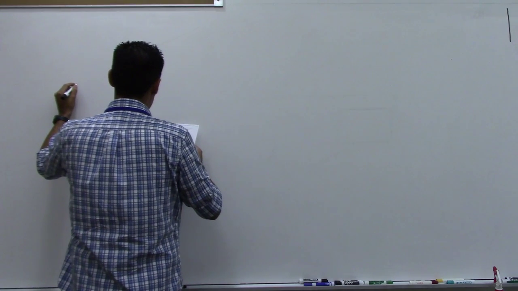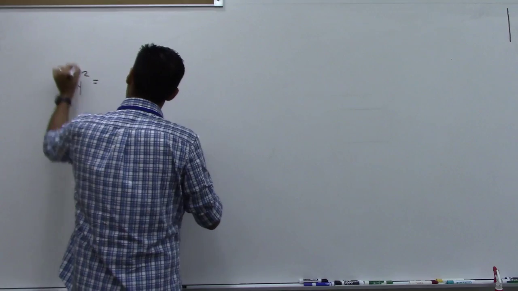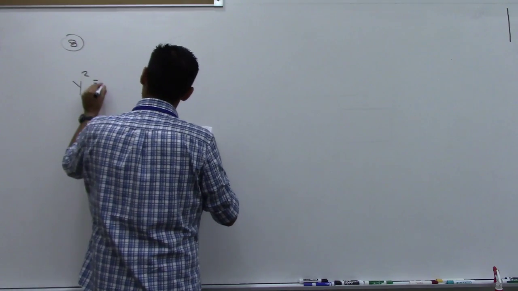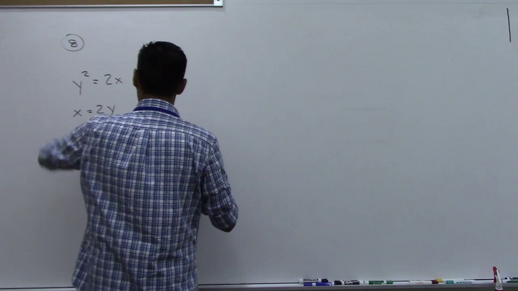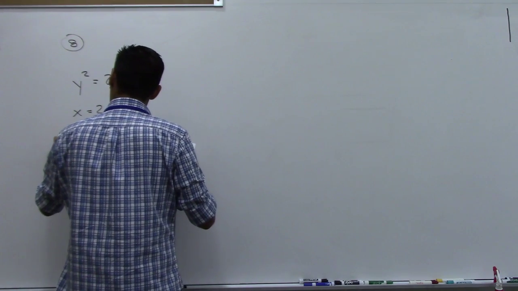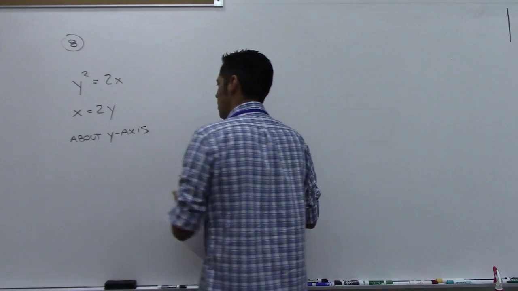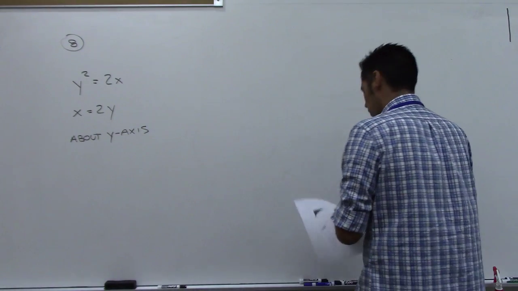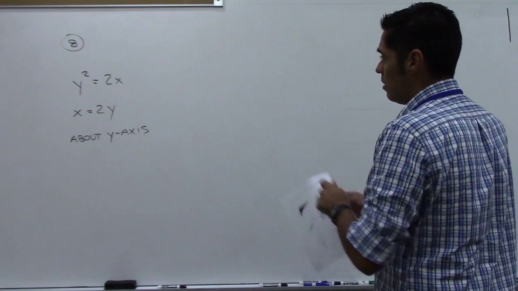It says find the volume of the solid obtained by rotating the region bounded by y squared equals 2x, x equals 2y, about the y-axis. So this is a solid of revolution problem. I need to draw out these curves.